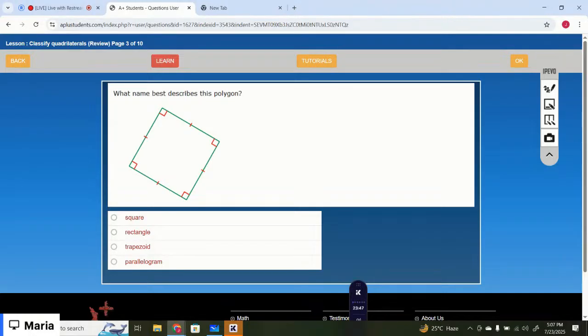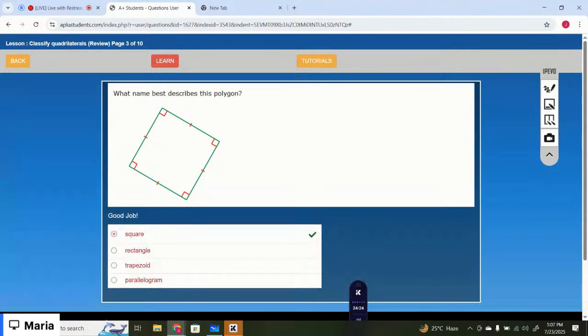What name best describes this polygon? That is a square, right? Option number one is the correct option.